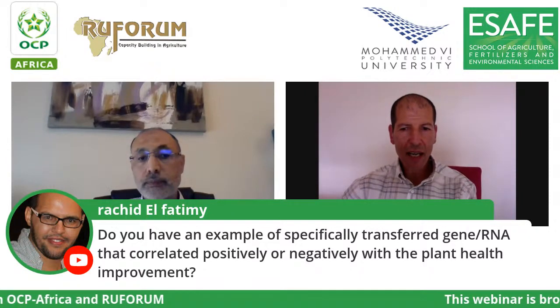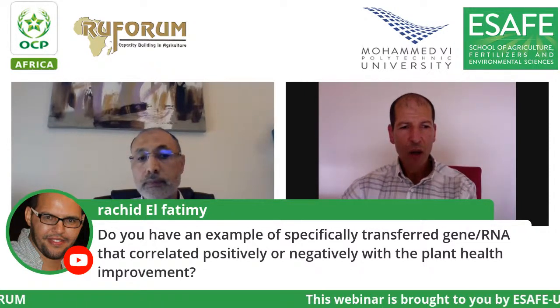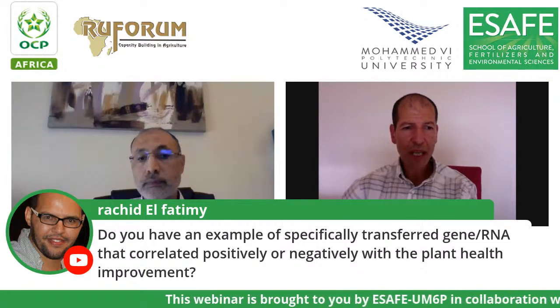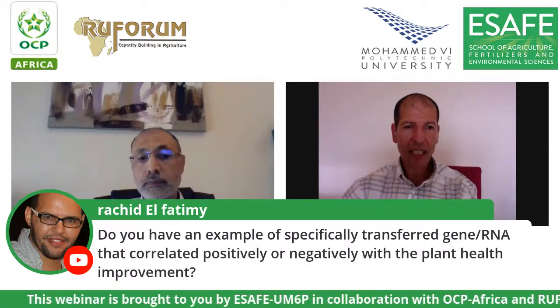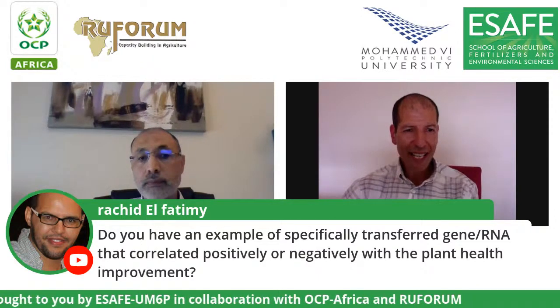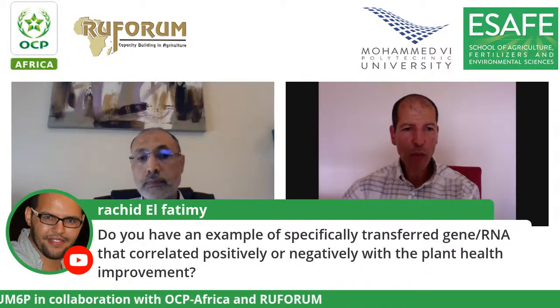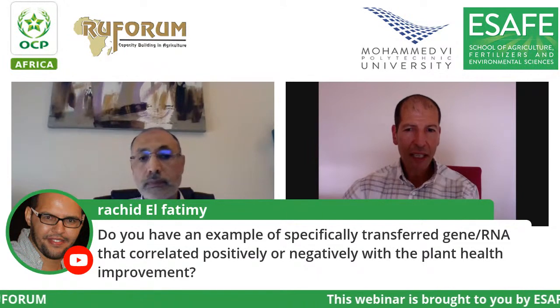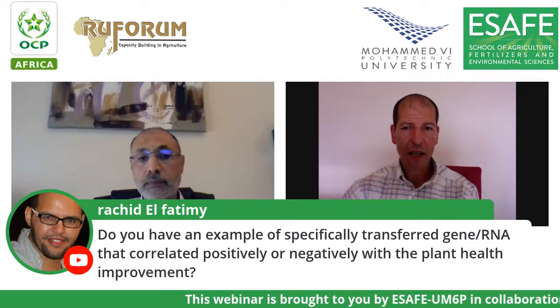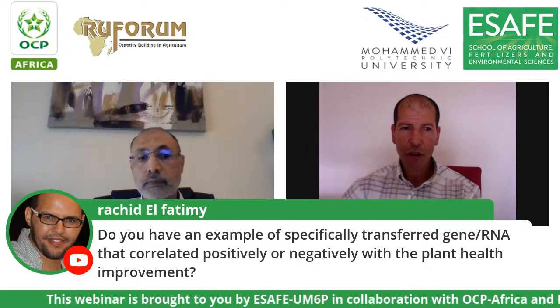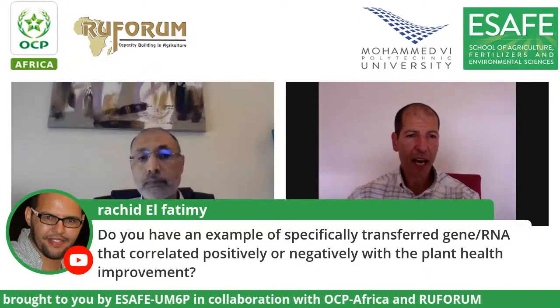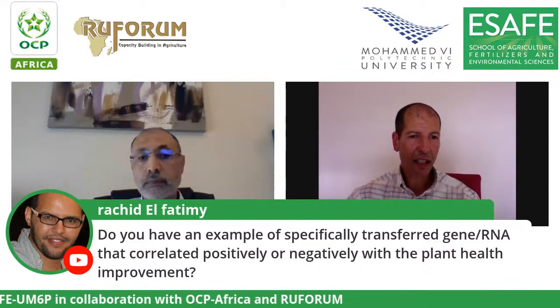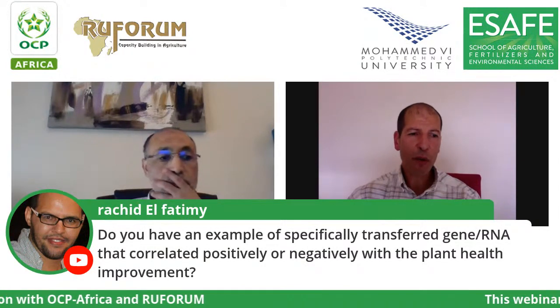But as I showed here, we can also use different strategies using biostimulants or substances to somehow manipulate or increase microbial biodiversity. But I believe that both strategies are important for agriculture, and we should take them into account.